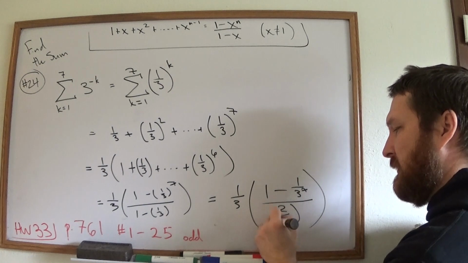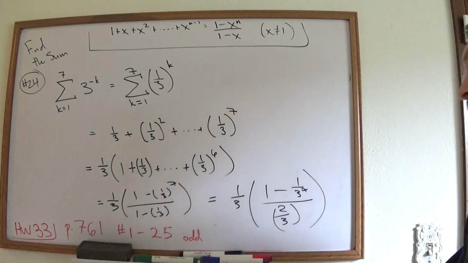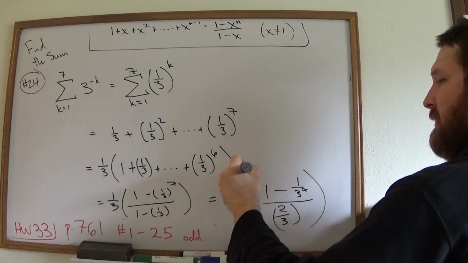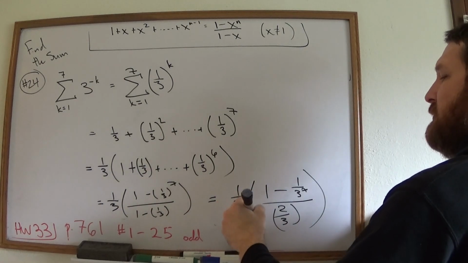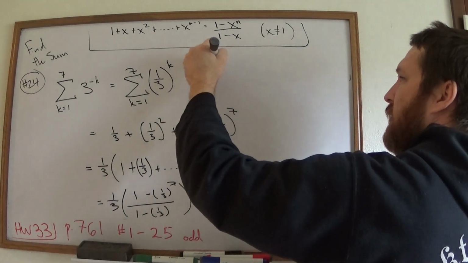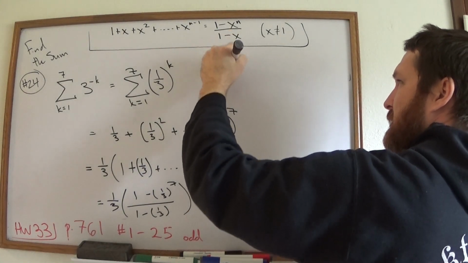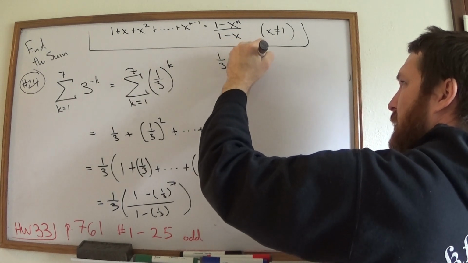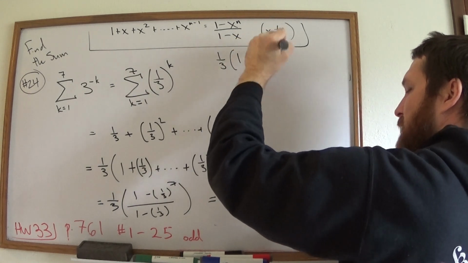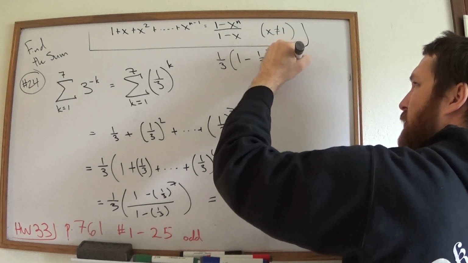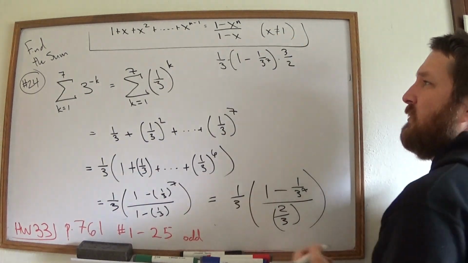It'd be cool if you could simplify this as much as possible. So this is 1/3 times 1 minus 1 over 3 to the 7th times the reciprocal, which is 3/2. That's all multiplied by each other.